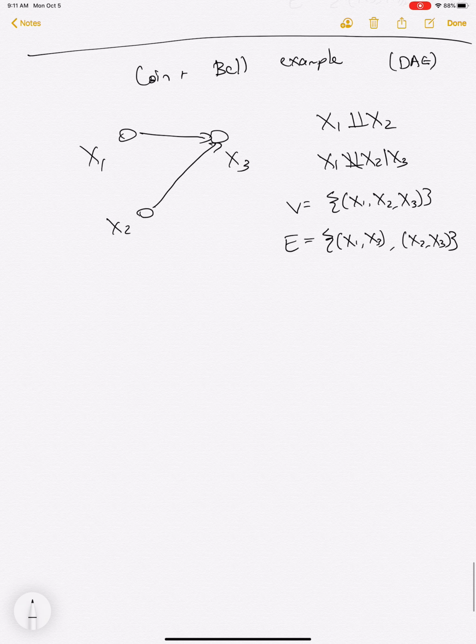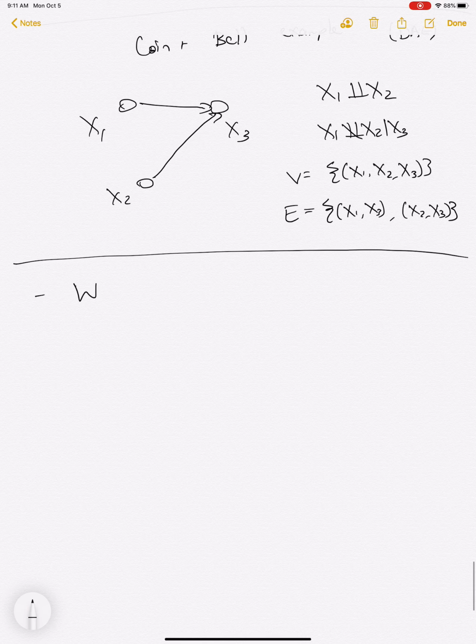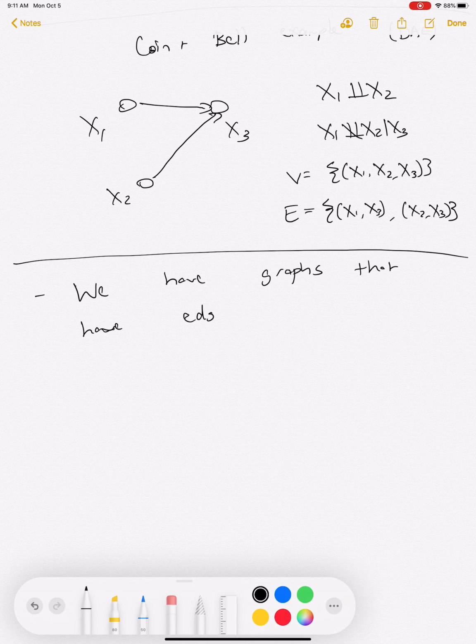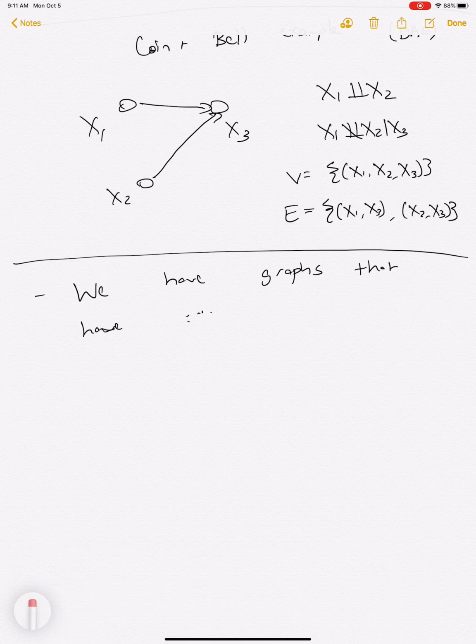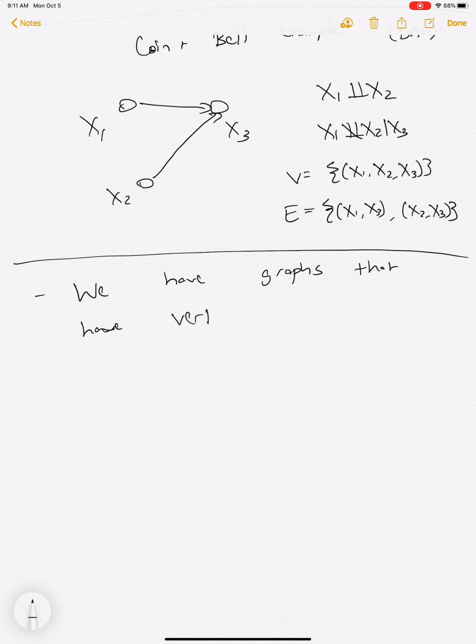Okay, so on the one hand, we have graphs that have vertices or nodes and edges.